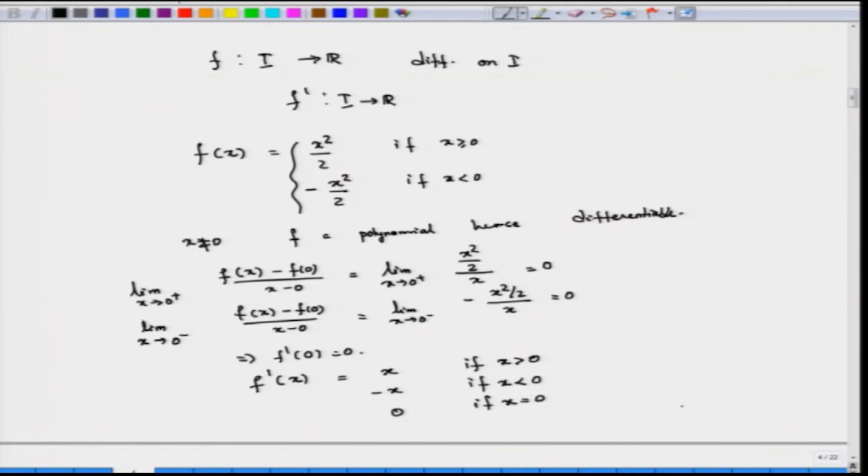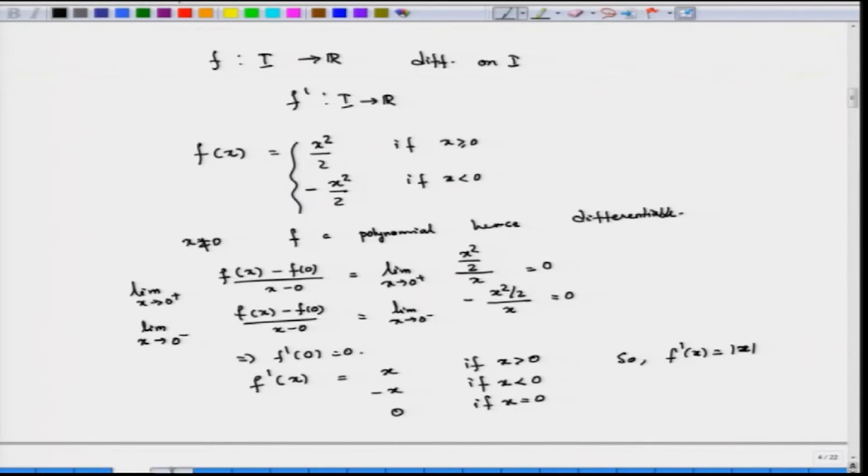And what is this function? f prime of x is nothing but mod x, and we know that mod x is not differentiable at 0. So f prime is a function from R to R, but it is not differentiable where f is differentiable. So it is not necessarily true that if a function is once differentiable, then the derivative is again differentiable.